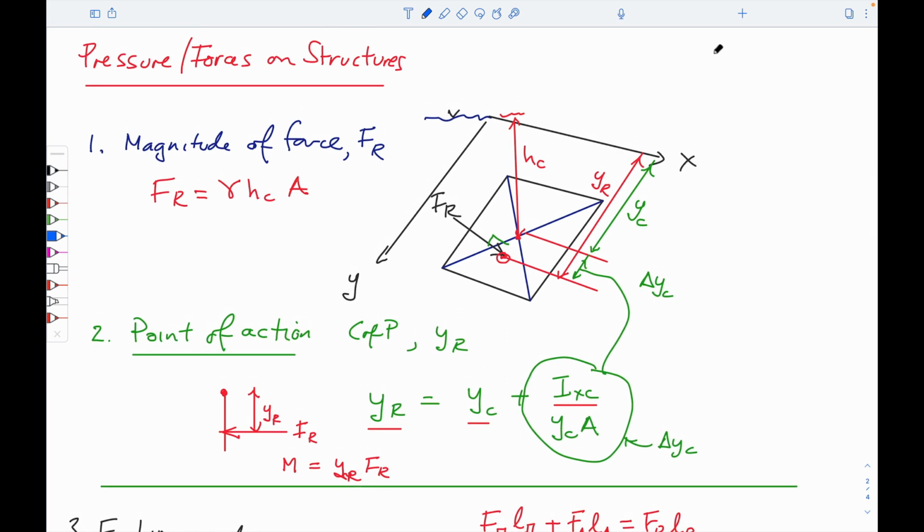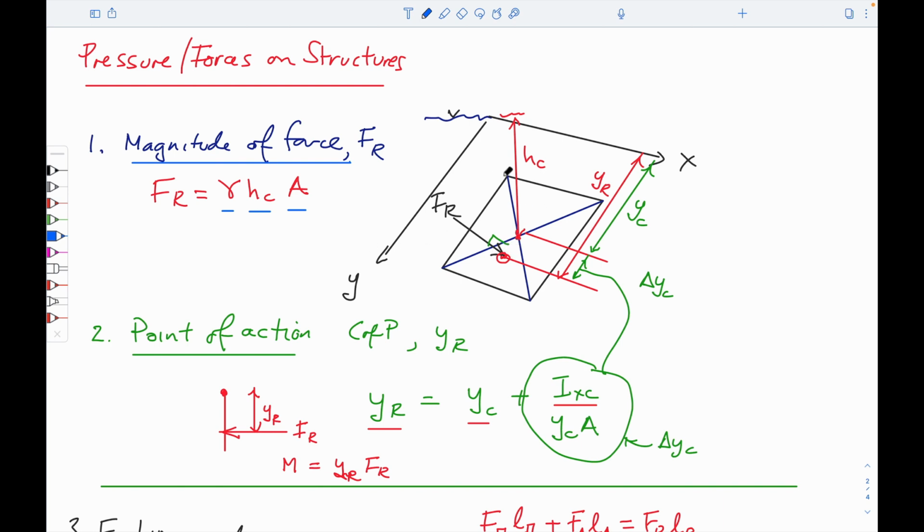Pressures on structures, we do that by using two expressions. The first expression is to define the magnitude of that force. The magnitude is always given by the unit weight of the fluid, the depth of the centroid below the surface, and the area of the plate. And so that's represented here for an inclined plate.